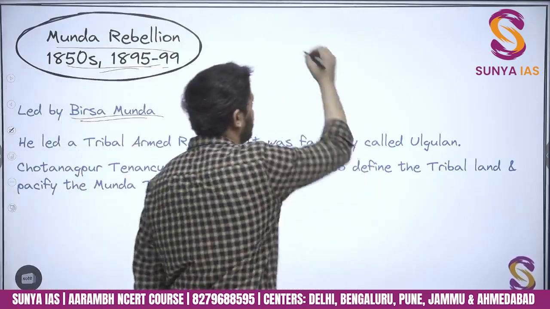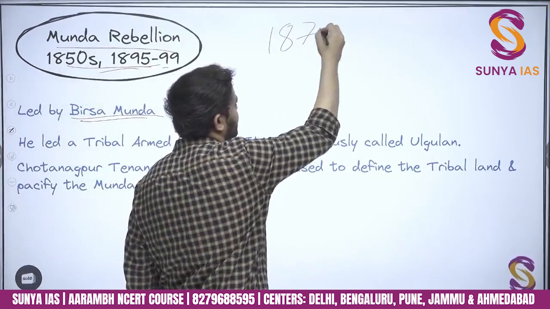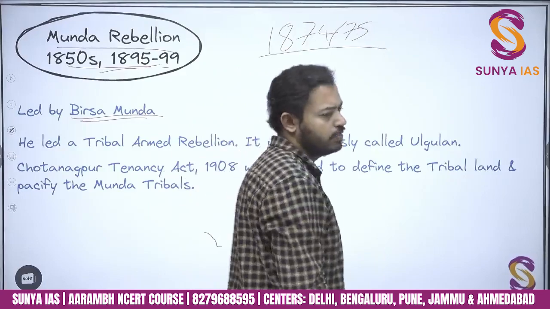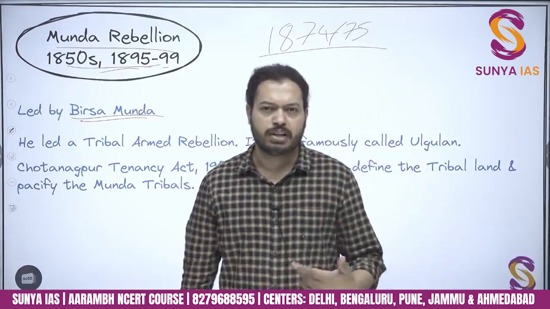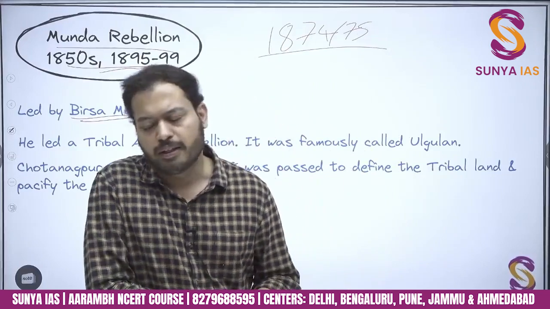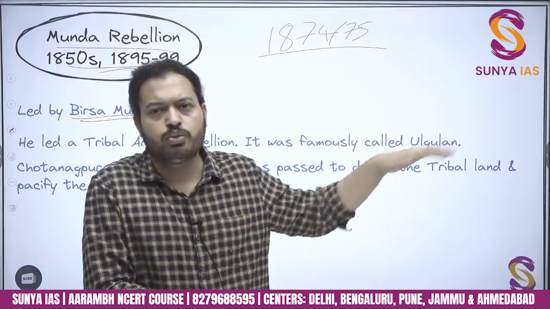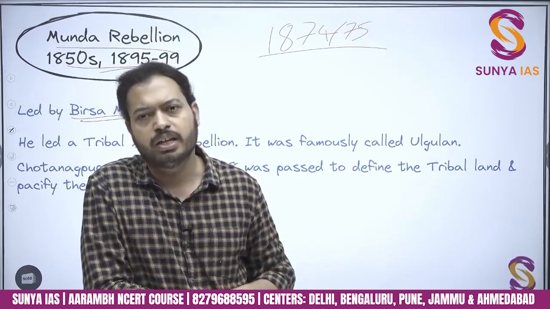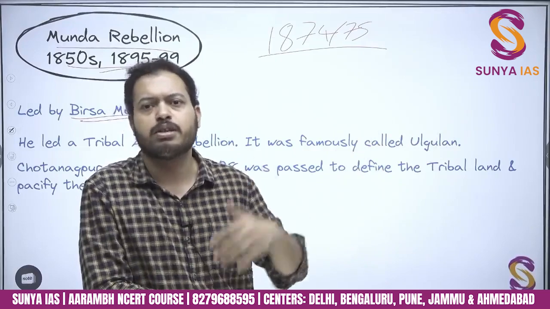Birsa was born in 1874 or 1875, the exact date is not clear. Even in present times, Birsa Munda plays a very important role in the historical identity of the Jharkhand people. He is usually referred to as Bhagwan Birsa, and the airport in Ranchi is also named after him.